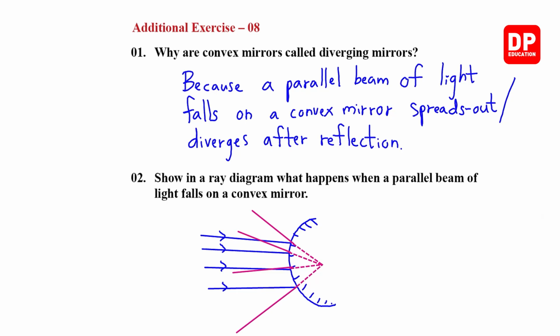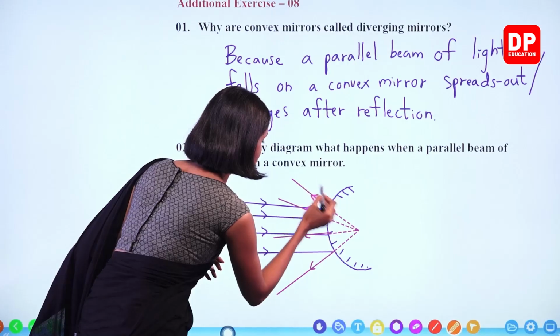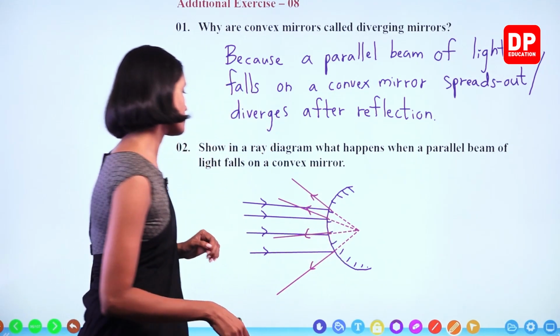Right, children? And the arrowheads. They spread out after reflection. From the surface, they start to reflect.